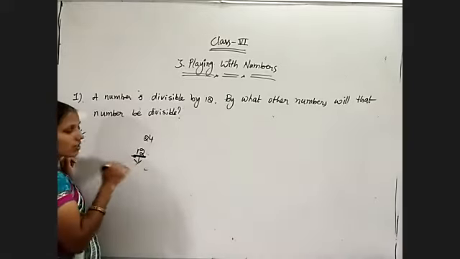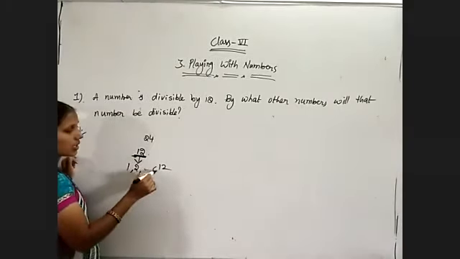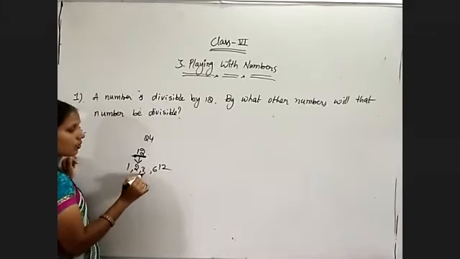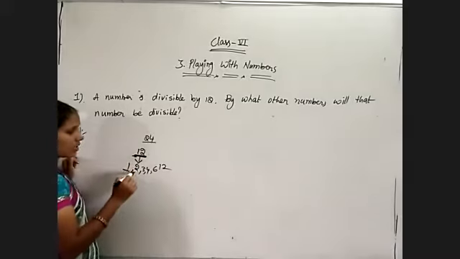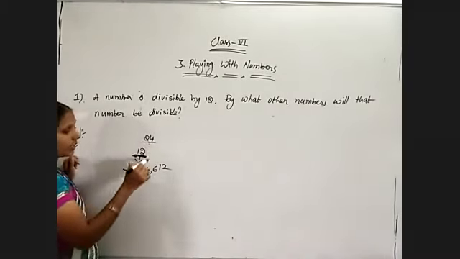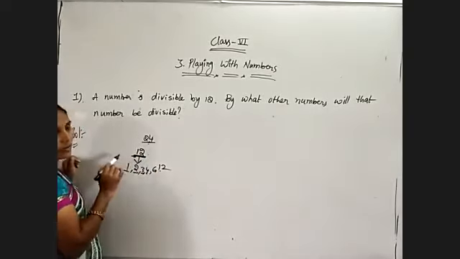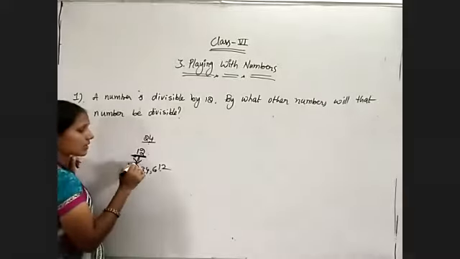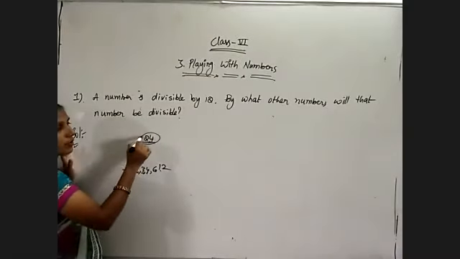What are the factors of 12, right? 1, 12, 2, 6 are 12, 3 and 4, that's all. Now observe, 1 divides 24 exactly, 2 divides 24 exactly, 3 divides 24 exactly, 4 6s are 24, 6 4s are 24, 12 2s are 24. Means whatever factors of 12 are there, all those numbers also divide 24 exactly.